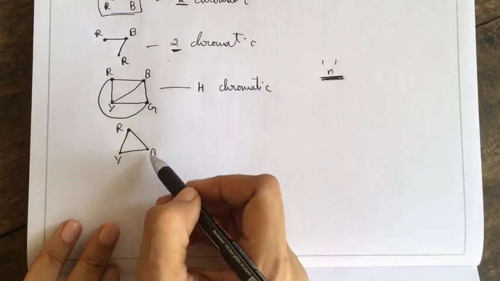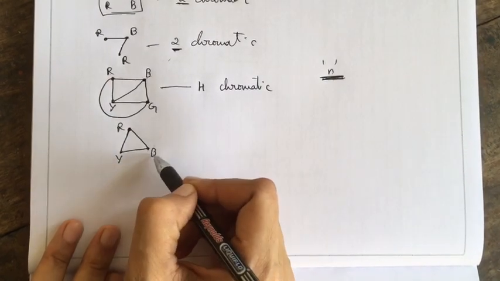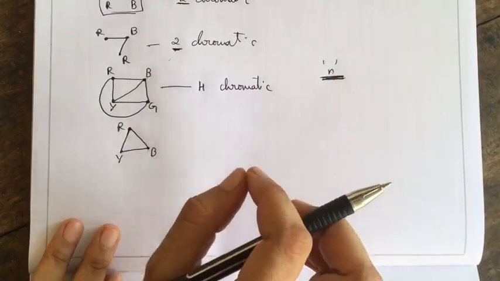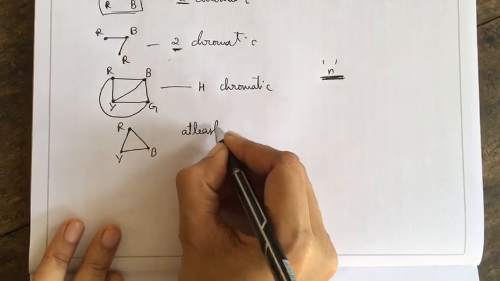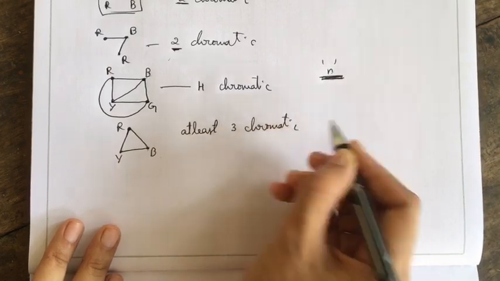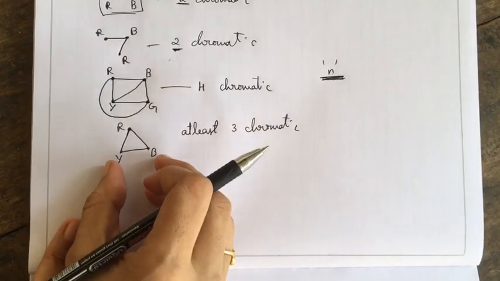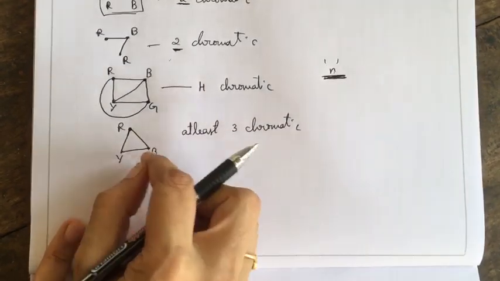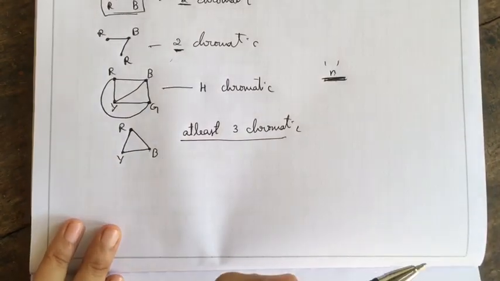Remember this: if I have a graph which has a triangle, then it must be at least 3 chromatic. It may be exactly 3 chromatic; if I have only this, then I can say it's 3 chromatic. Any graph that contains a triangle will be at least 3 chromatic. Remember.